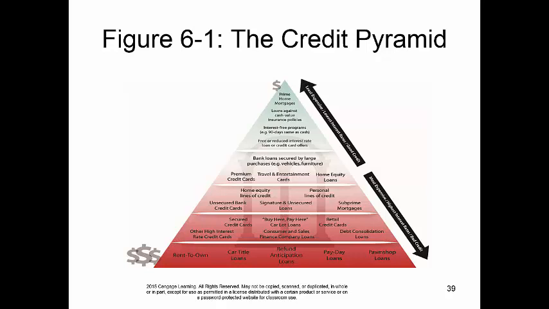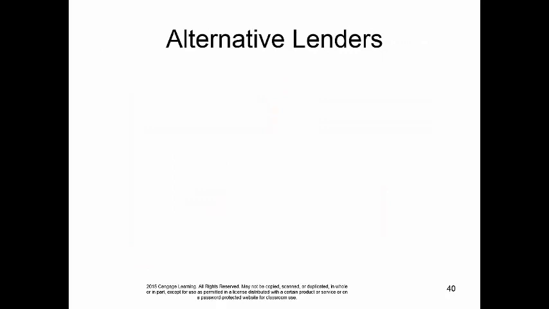The bottom is rent-to-own programs, car title loans, refund anticipation loans, payday loans, and pawn shop loans. Truthfully, you want to avoid these types of loans at all costs.